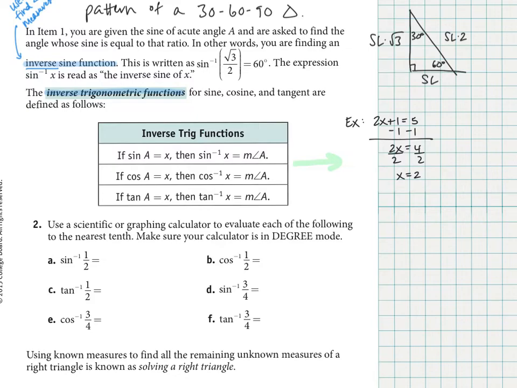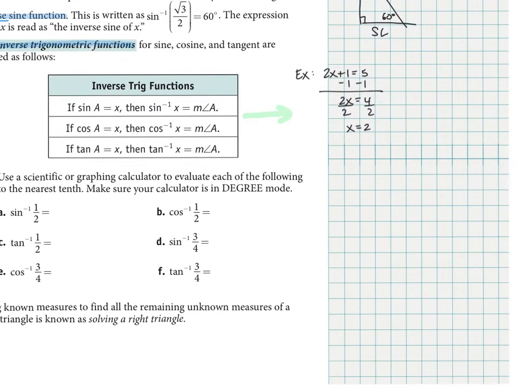Now, we're having some tougher problems going into geometry, right? So this is kind of what we're looking for. If I have sine theta, again, I could use A, but I'm going to use theta, I have sine theta equals square root of 3 over 2. What I'm essentially doing is I want to cancel out this sine. I just want to get theta by itself.